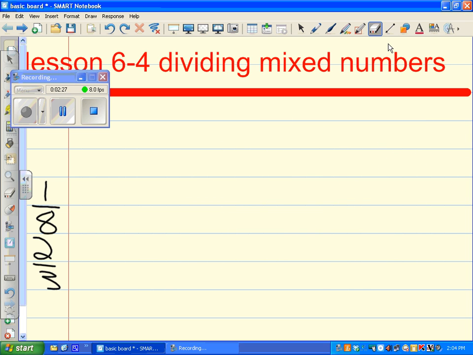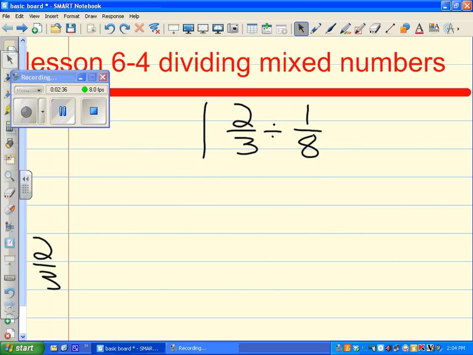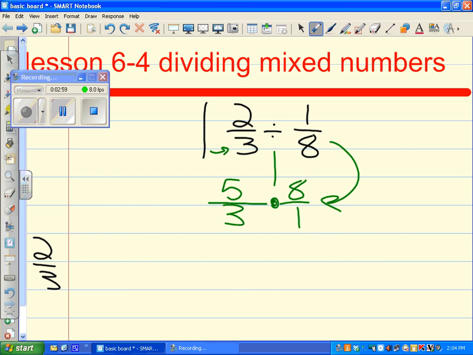The next one we're going to do is 1 and 2/3 divided by 1/8. First thing we need to do is make this improper. 1 times 3 is 3, plus 2 gives me 5/3, divided by, nope, not dividing, multiply by the reciprocal of 1/8, which is 8 over 1.